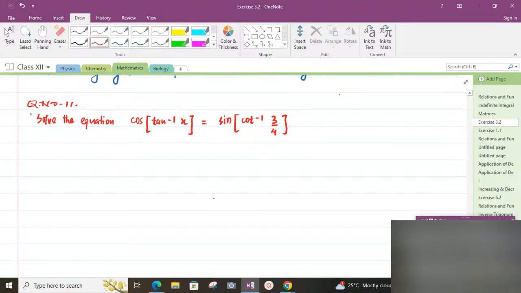So this is the question number 11 and I am going to solve this question. Let's see the solution.